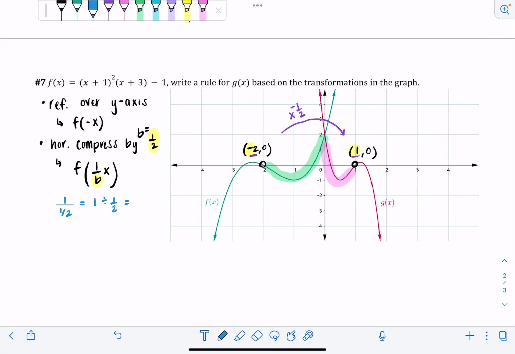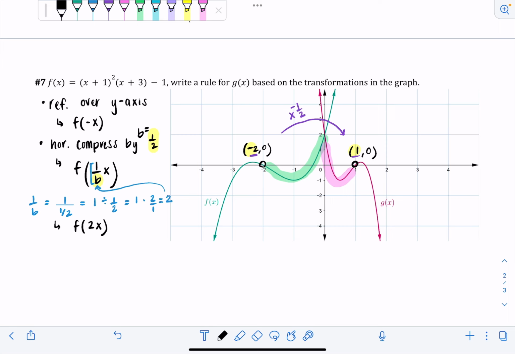Instead of dividing by a fraction, we multiply by the reciprocal, so 1 times 2 over 1 is just 2. So 2 completely replaces that, because this was 1 over b, and 1 over b simplified to 2. So our final function here would be f of 2x.